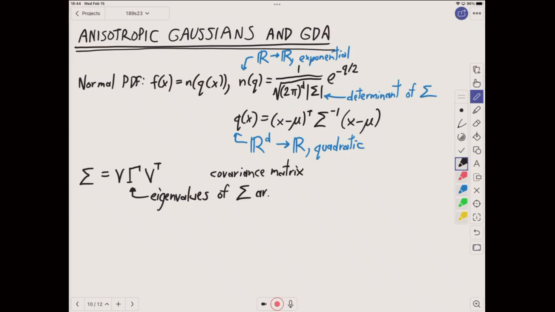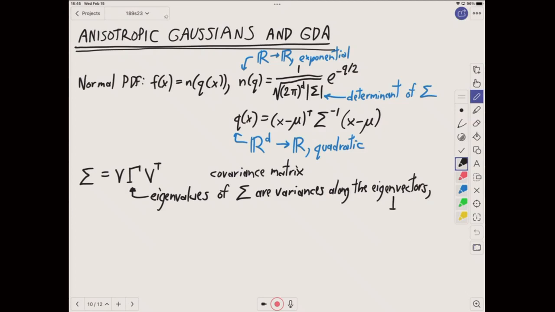Those eigenvalues we can think of as being variances, the sigma squareds of the univariate normal distribution. Each variance is associated with some eigenvector direction, a vector in V.